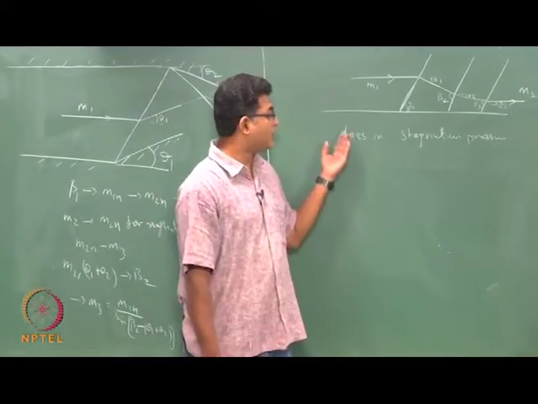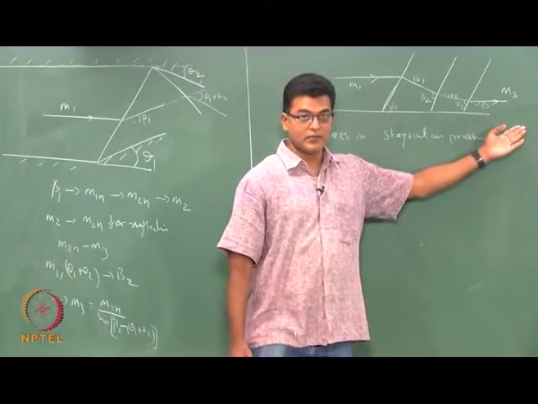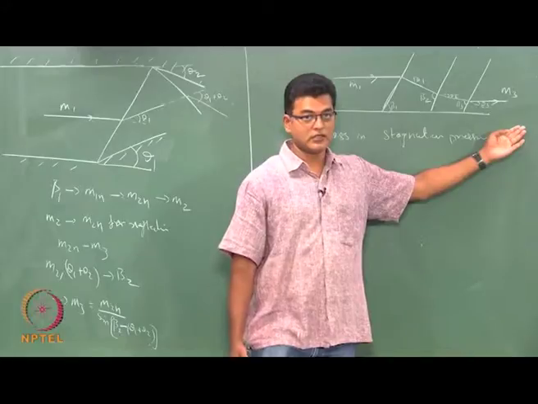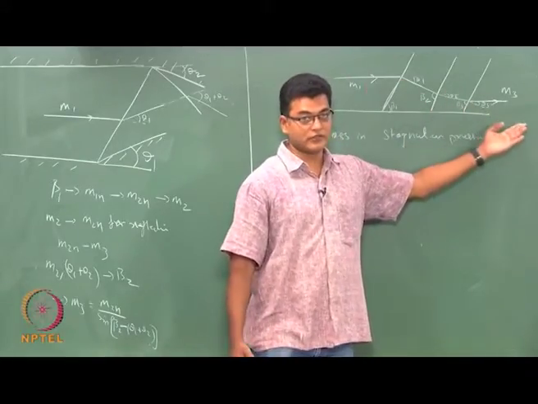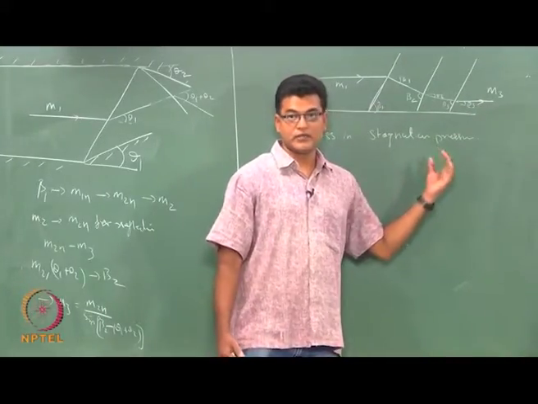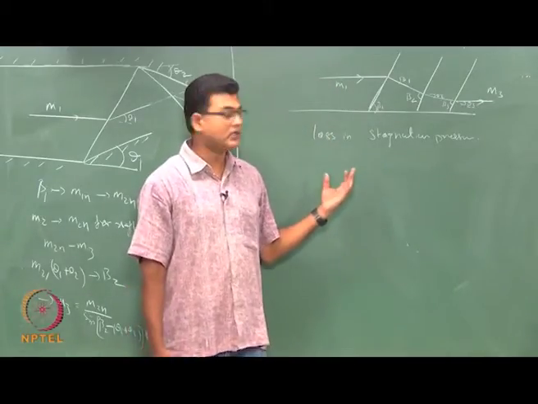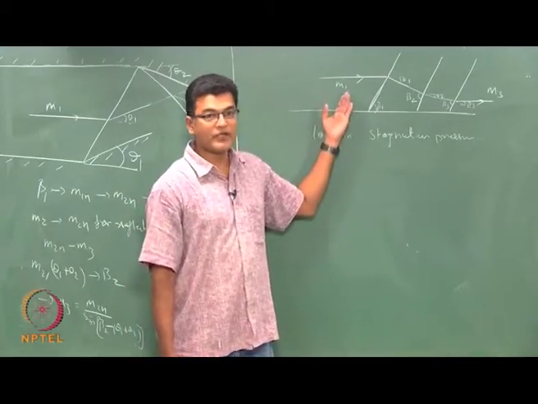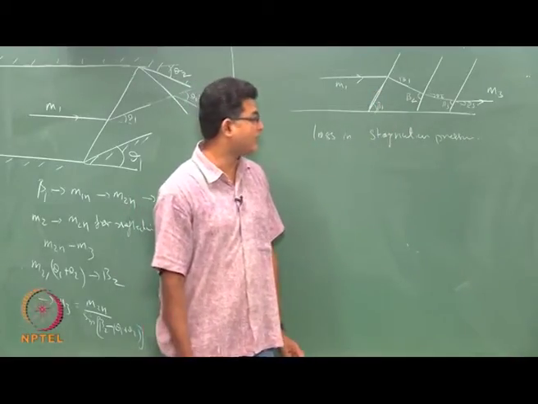So you want to reduce your Mach number from M1 to M3, but you do not want to lose your stagnation pressure. So instead of having one single strong shock wave, you reduce that to a series of oblique shock waves, retain your stagnation pressure as much as possible, but all the way reducing M1 to M3. Okay, so that is the typical technique here.